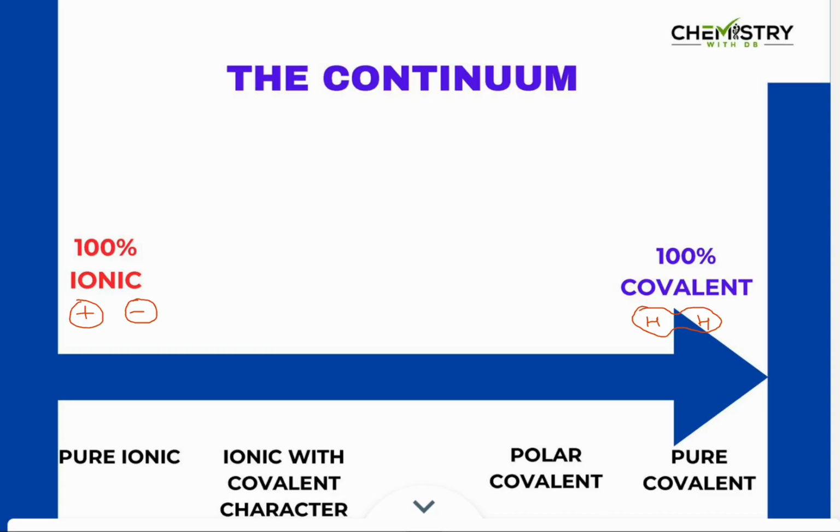On the other hand, we have ionic bonds with some covalent character on the continuum over here, and there could also be a covalent bond with a little bit of polar character. But it's not just these four. There can be significant shades of gray all over.